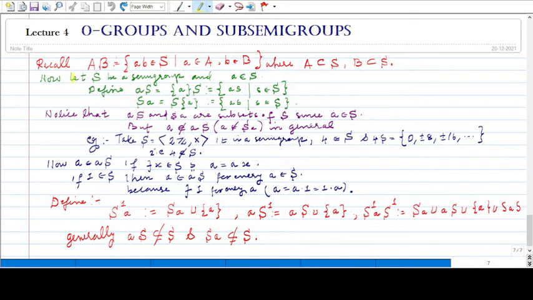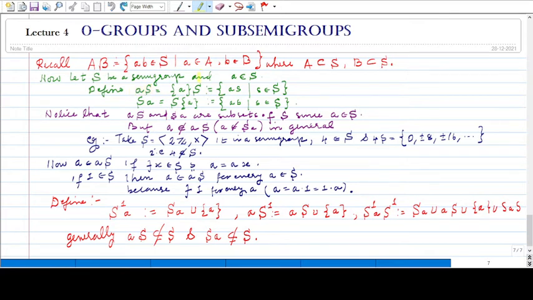Now let S be a semigroup and a belong to S. We are going to define what is called AS. A is an element, S is the semigroup.